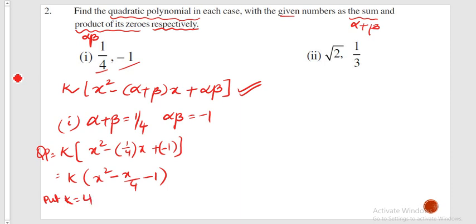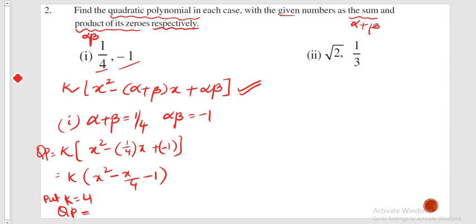So put k equal to 4, then my quadratic polynomial is equal to 4 into x square minus x by 4 minus 1. The 4 gets cancelled, and I will be left with 4x square minus x minus 4. This is the quadratic polynomial that I get when the sum of zeros is 1 by 4 and the product of zeros is minus 1.